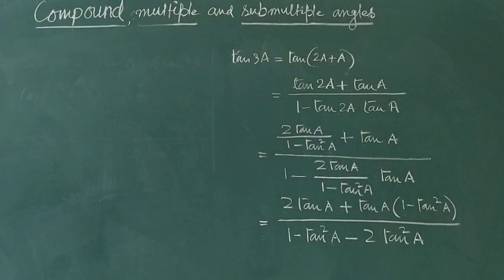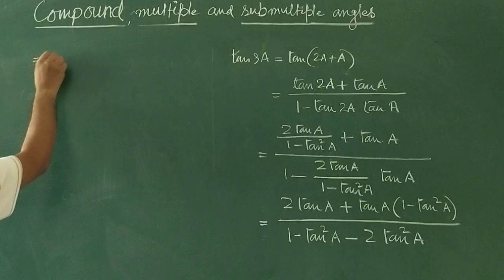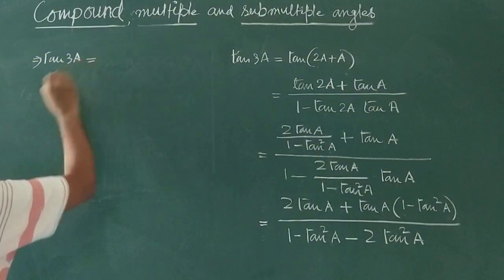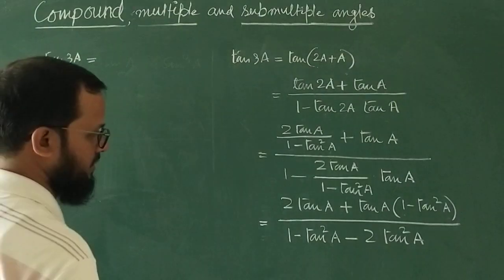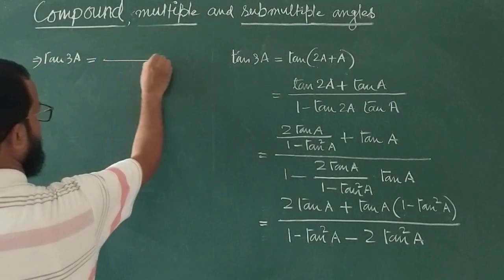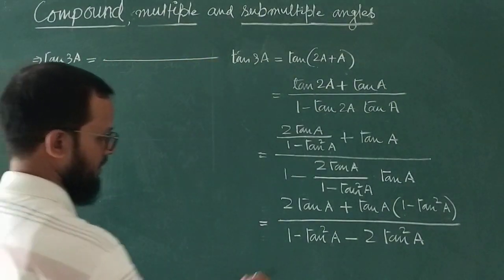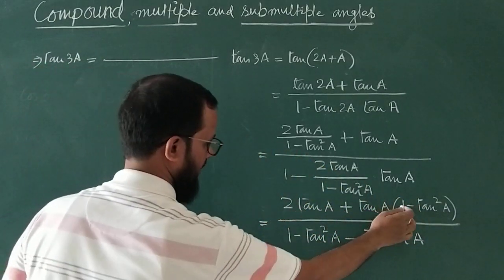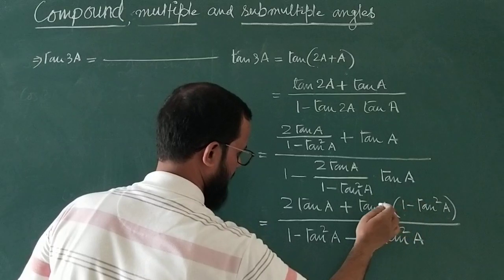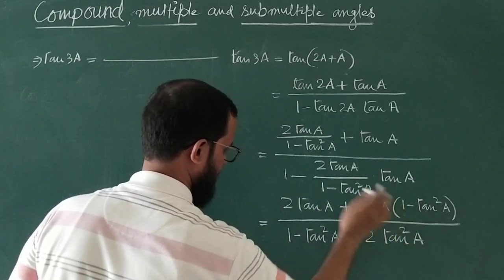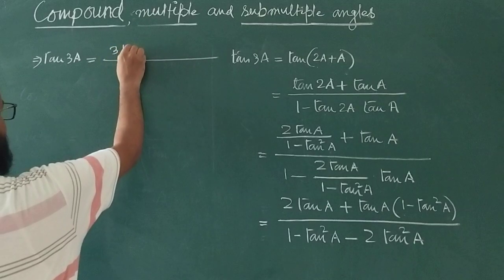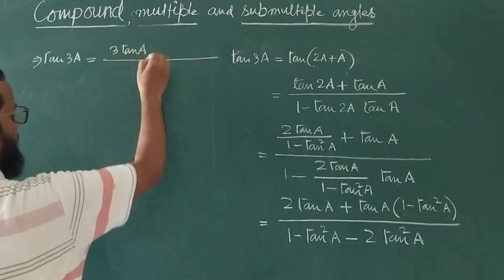Now some arrangement is required, which is equal to tan 3a. Here you see, if you multiply here 2 tan a plus tan a, after removing the bracket, tan a plus 2 tan a is 3 tan a.